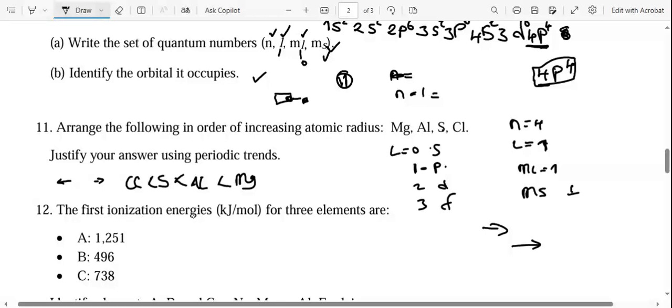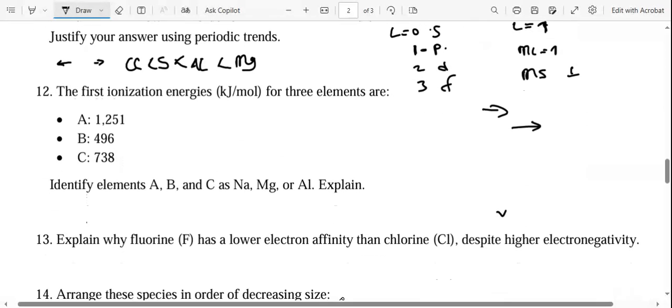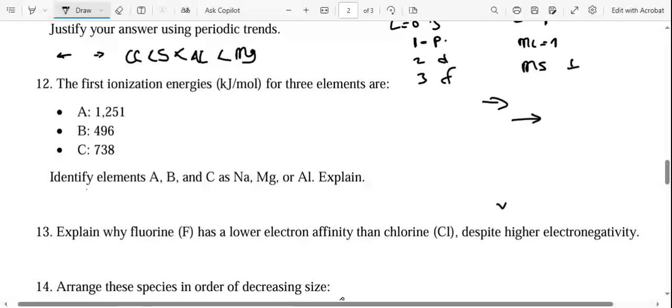Then the first ionization energy of these three elements. For ionization energy, you need to look at it this way: ionization energy is the energy required for a gaseous atom to lose an electron.